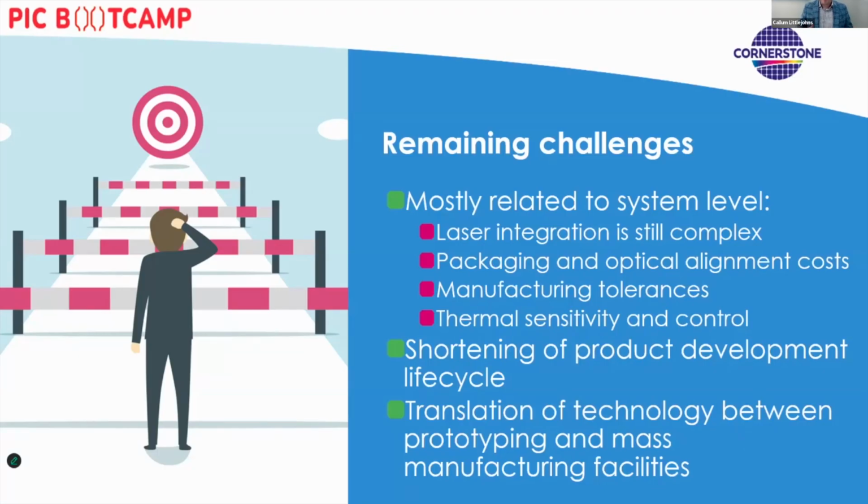That's usually done using an active alignment process, where we actually propagate light through and measure the output and optimize for power. So that comes at a price in terms of how long that takes and how much it costs. So there's definitely opportunity for innovation there. Can we get pluggable, more tolerant couplers?